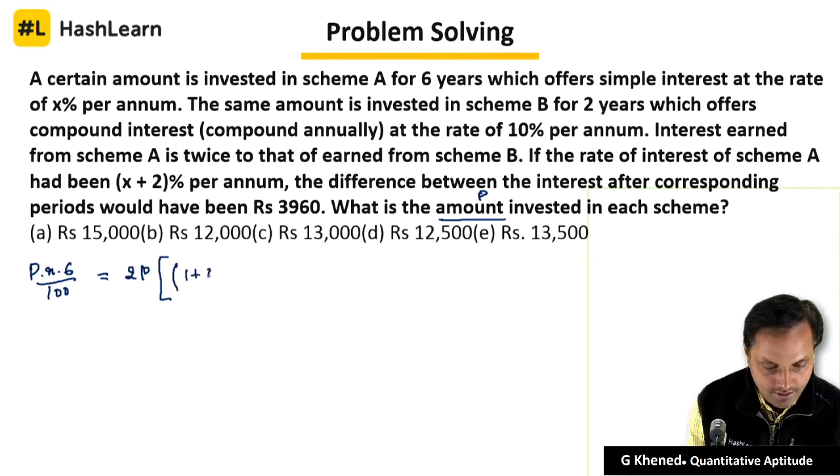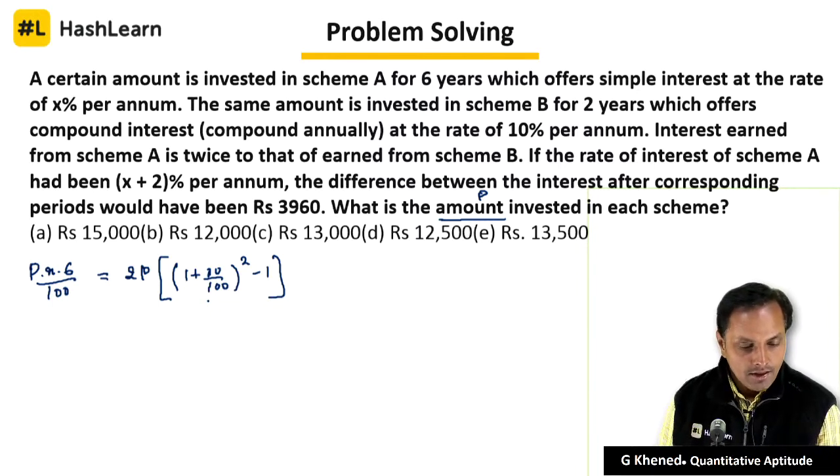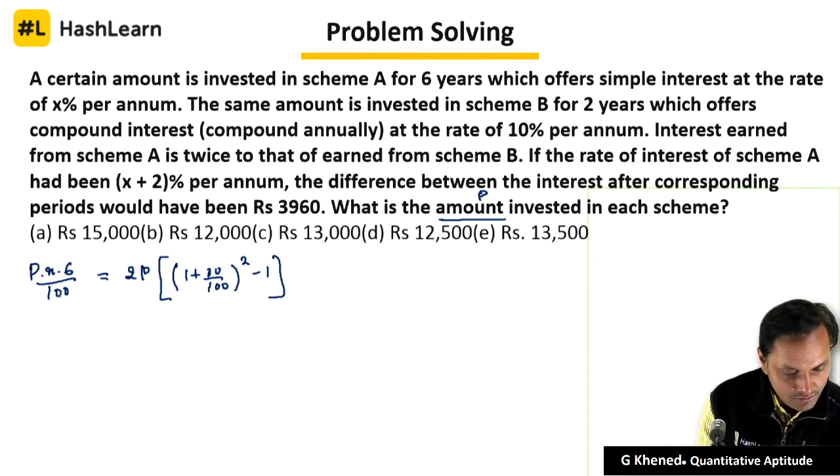One plus 10 by 100 because the rate is 10% and power 2 minus 1. So if you do the simplification, what does that give you?